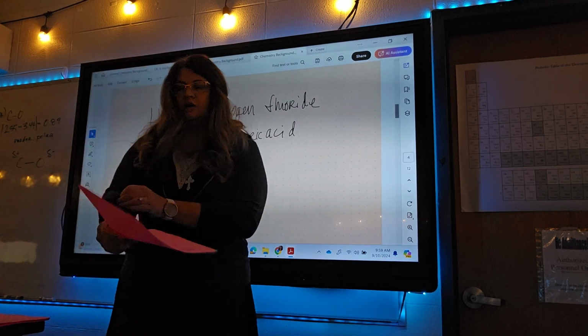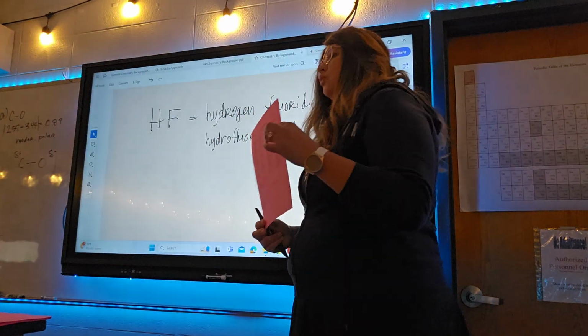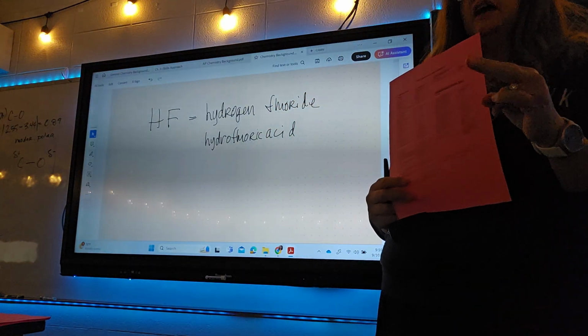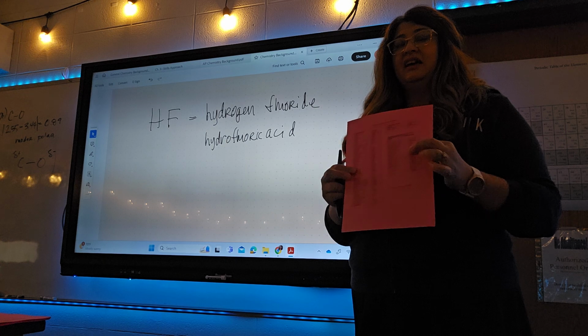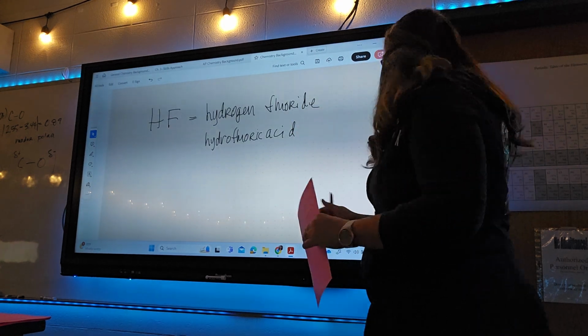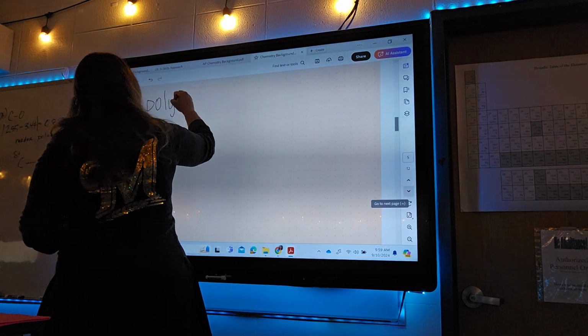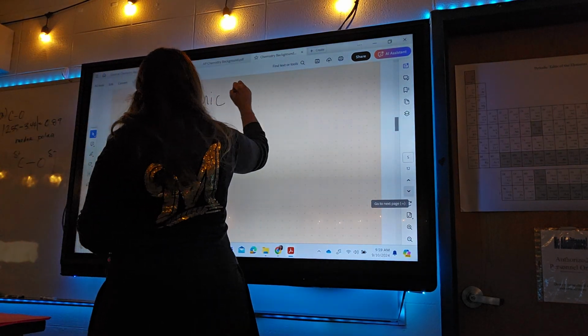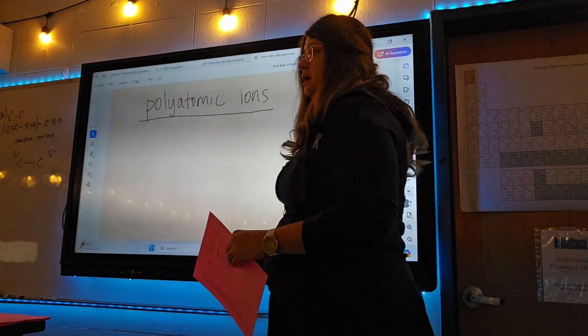Okay, so let's take a look at what this is. When you have more than 2 capital letters in your compound, what you have is a metal plus one of these things. The pink sheet is full of what we call polyatomic ions.